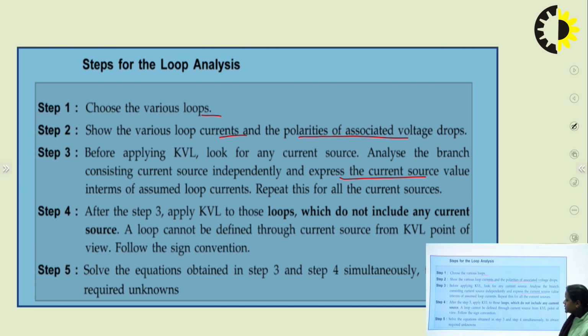Then step 4, apply KVL to those loops which do not include any current source, and a loop cannot be defined through a current source from the KVL point of view. And here follow the sign convention. Then step 5, solve the equations obtained from steps 3 and 4, and we can obtain the required unknowns, right?